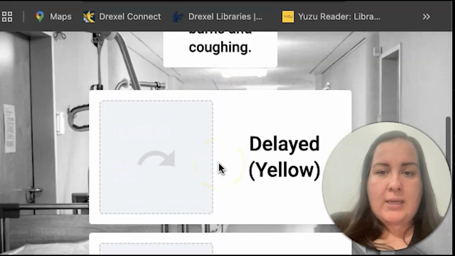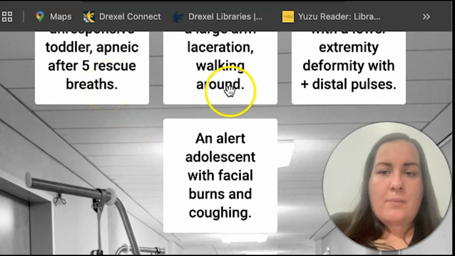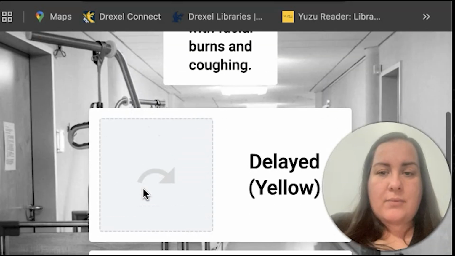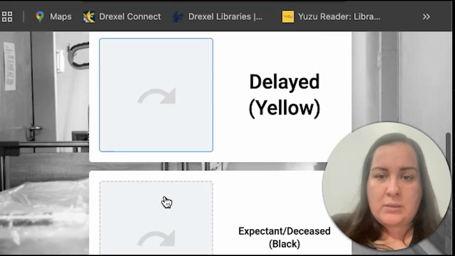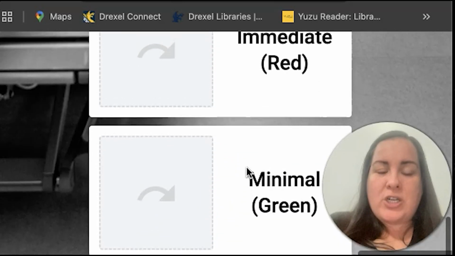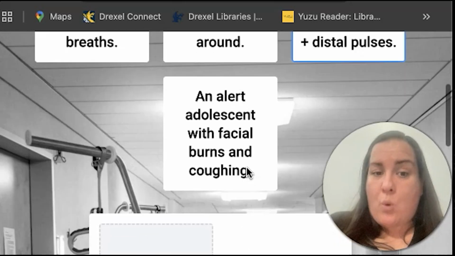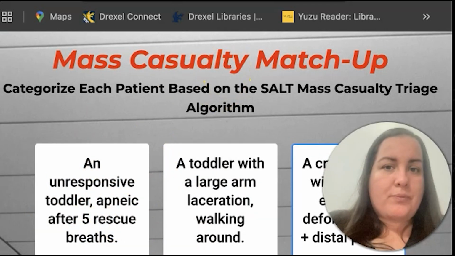And so they would connect the patient with the category that they were in. Unfortunately, due to my display, it's a little difficult to manage. And then that would show them whether they were correct or not and why, once they have entered all of the connected, did the matching game for all of them.